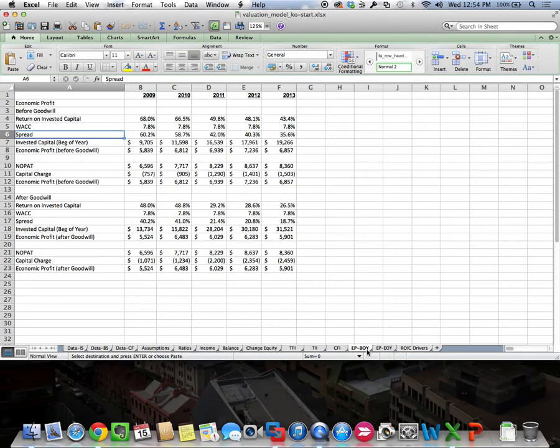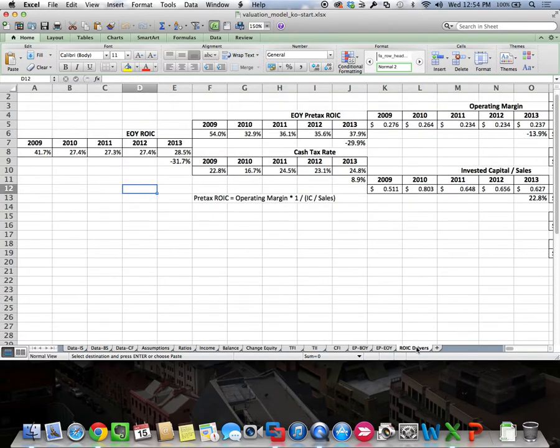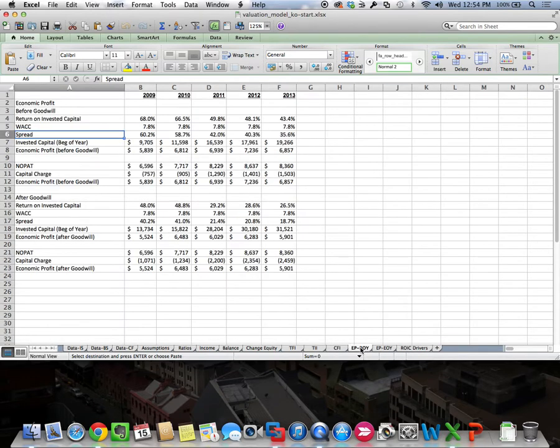The EOY, the end of year data, is going to be used to create the ROIC tree. So that's where the ROIC for the ROIC tree is coming from. Again, the model will automatically create the tree for you. I've already set that up for you using relative references. The BOY tab is what we're going to use for our valuations, the DCF and the EP valuation.